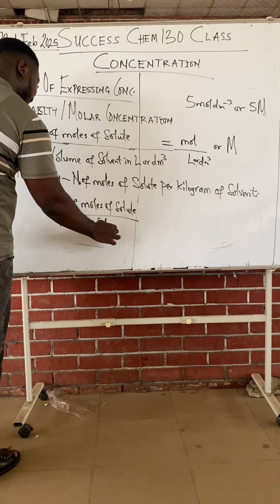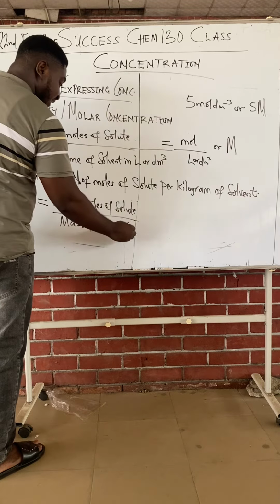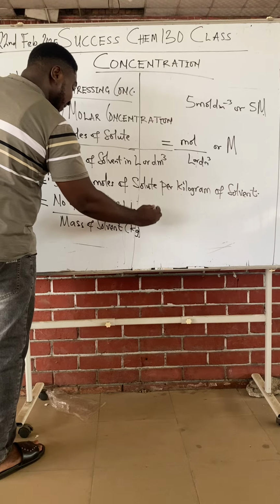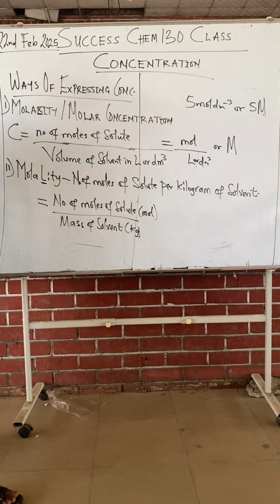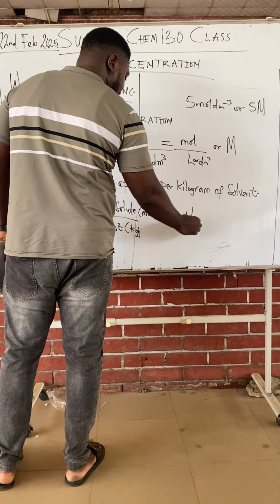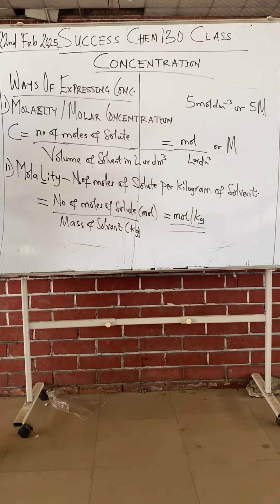So class, in molality, it is not volume of solvent, unlike in molarity where it is volume of solvent below. Here it is mass of solvent in kilogram. So what will be the unit for molality then? Mole per kilogram.